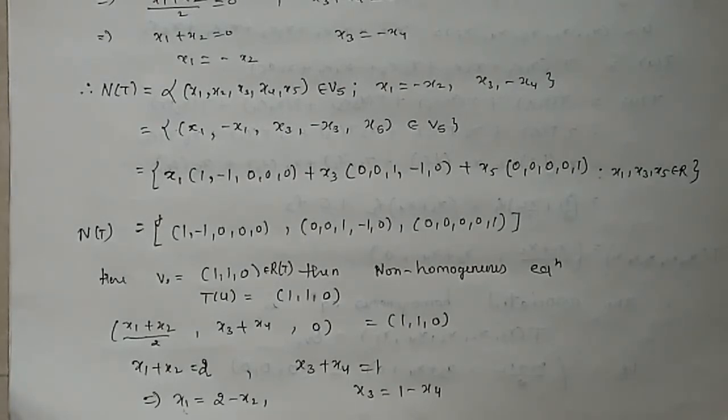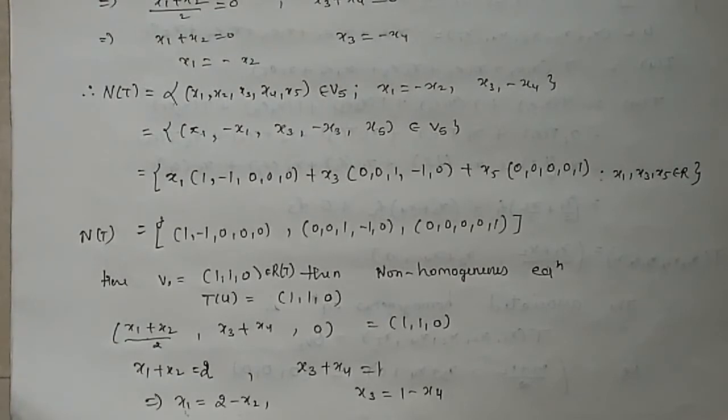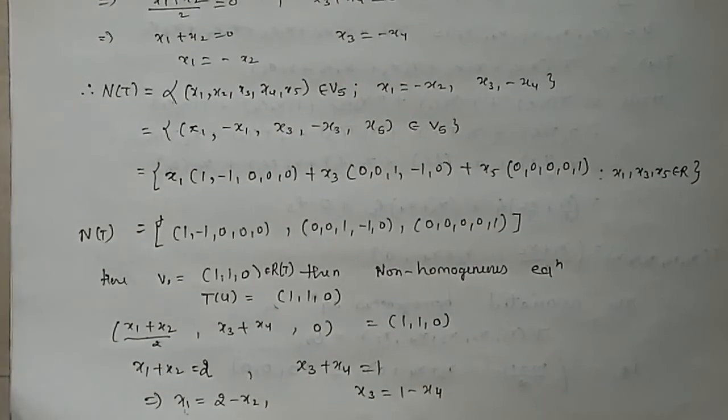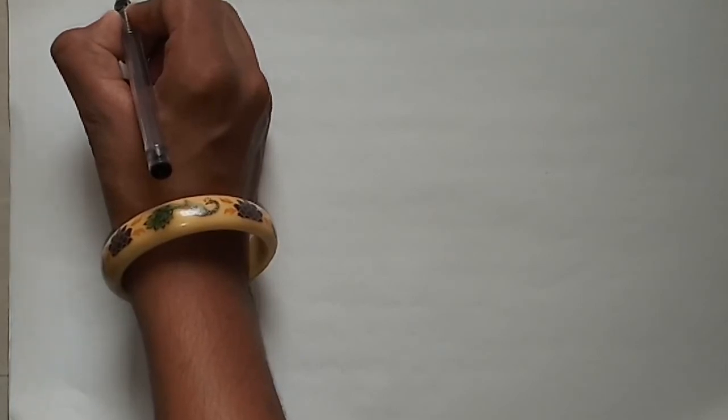So it is not possible to write all solutions, so we will write only one particular solution. How to find that? Here we have a lot of choice for x2 and x4. There is one way through which everyone's answer can be the same.